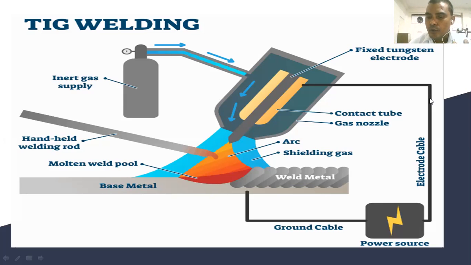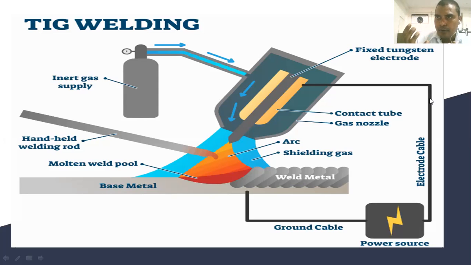In tungsten inert gas welding, the most important thing is that we are using a non-consumable electrode of tungsten. Now, where are we using the TIG? In other words, the application of TIG is in welding of carbon steel.